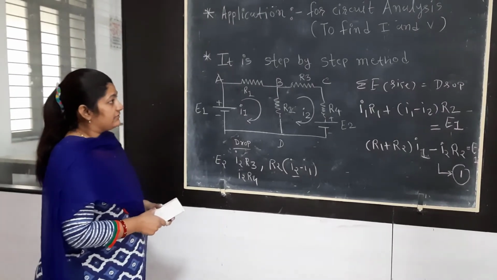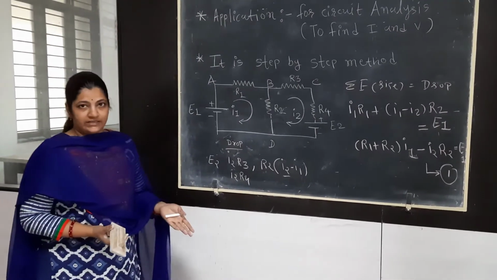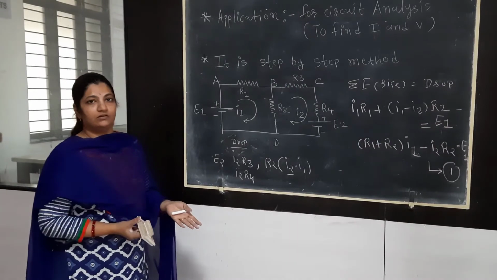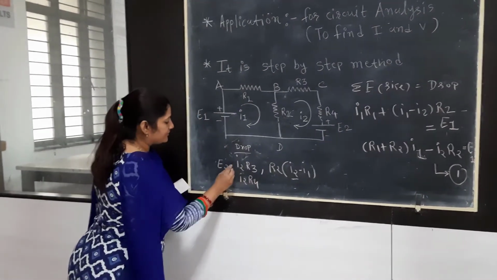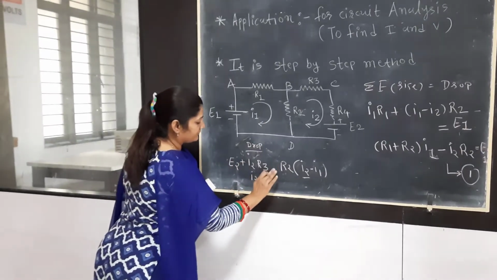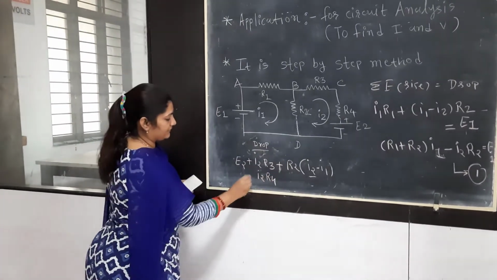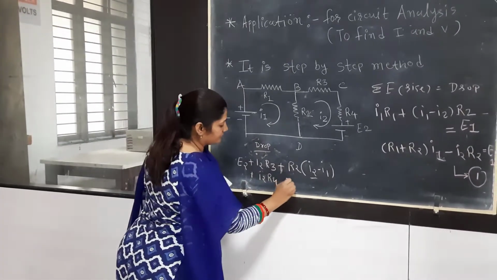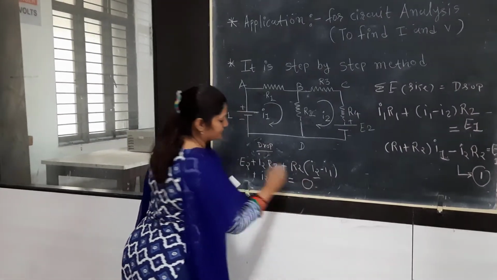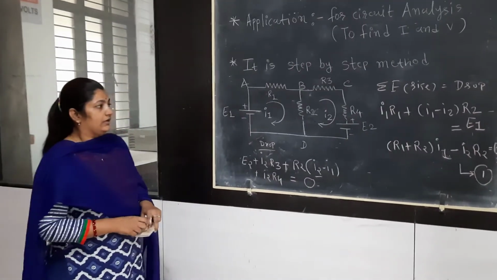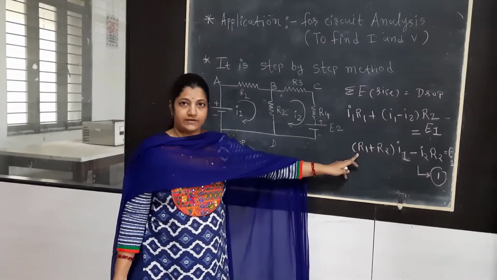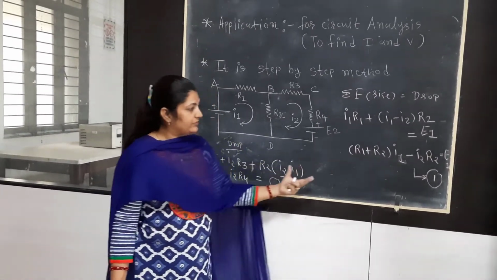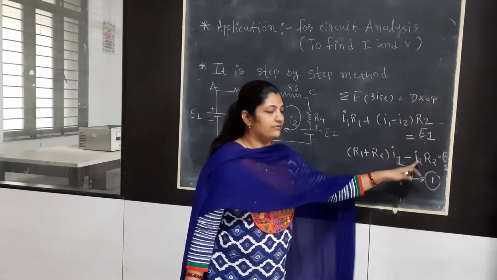So with this, we can observe that there is no rise term for mesh number 2. It's simple to write the second equation. This all will be summed and equal to 0. And just in case, reformation is required so that we have a proper form of equation in terms of I1 and I2.